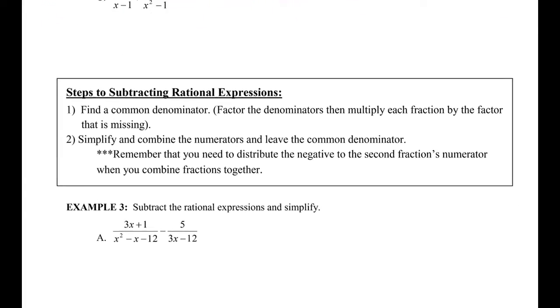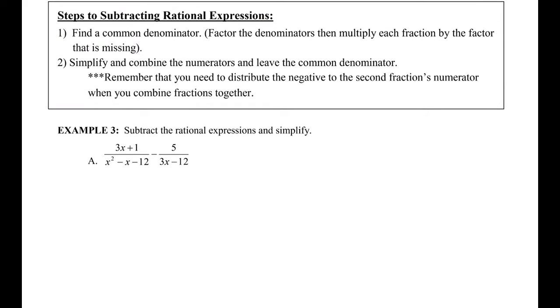The steps for subtracting are going to be very similar. The only difference is when you're simplifying the numerators, you have to remember to distribute the negative to each term in the second numerator. So we're going to start the same way by factoring the denominators. So what multiplies to negative 12 and adds to negative 1, it would be x minus 4 and x plus 3.